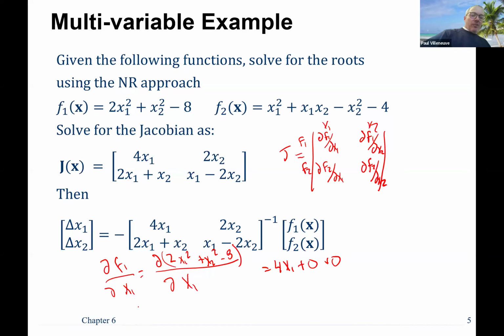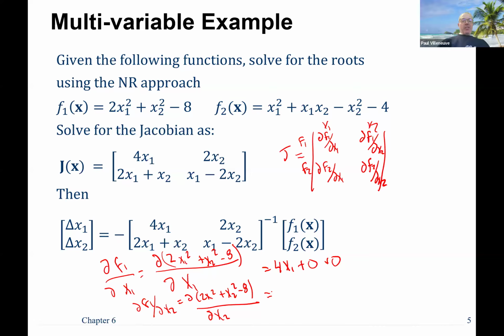My second partial, and you can do these in any order you want. I'll just do the rows, and then I'll do the columns. So that's the partial of f1 with respect to x2. That's equal to 2x1 squared plus x2 squared minus 8 with respect to x2.